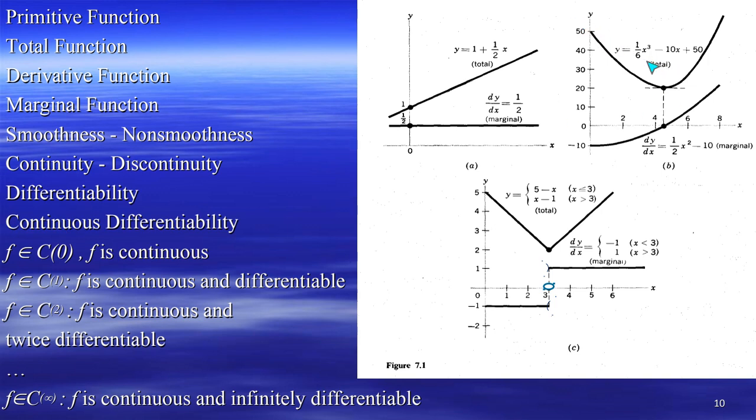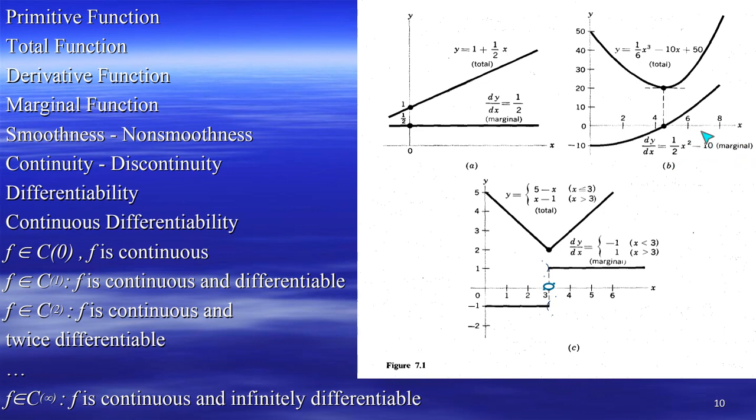If the primitive or total function is y equals 1/6 of x to the power 3 minus 10 times x plus 50, its derivative is dy over dx. When we put 3 in front, 3 over 6 is 1/2, x to the power 2, minus 10 times x to the power 0, plus 0, which is 1/2 x squared minus 10.